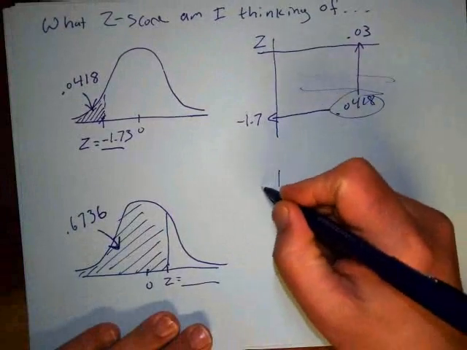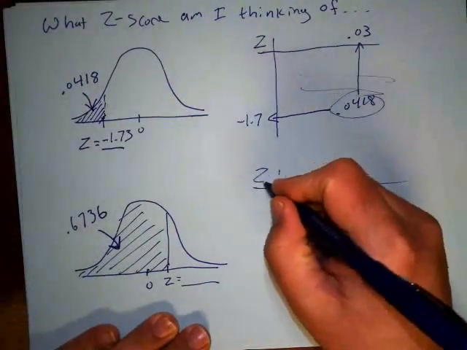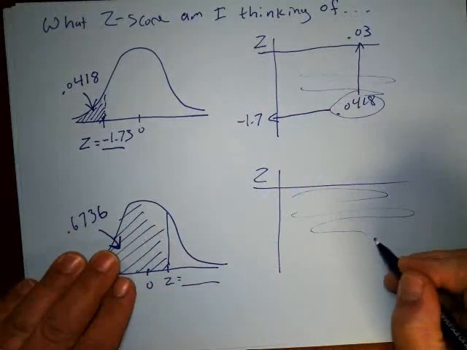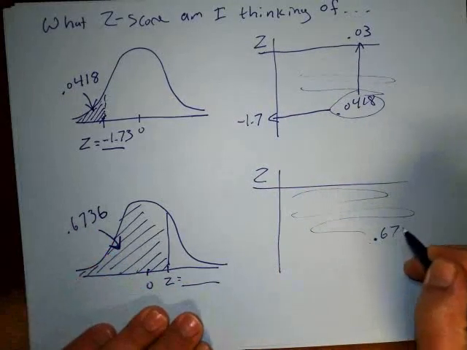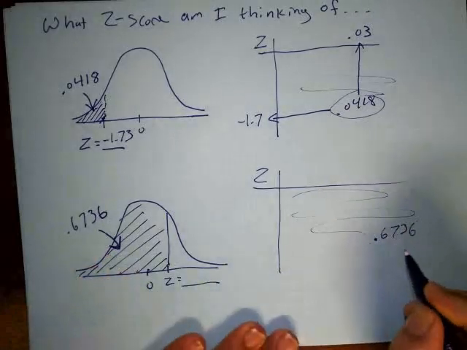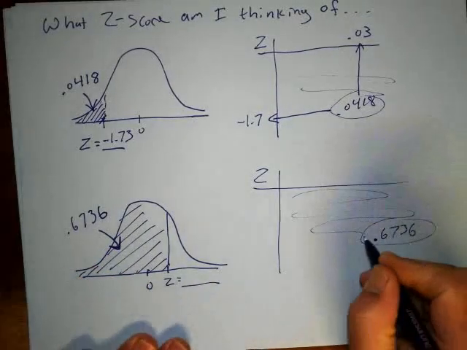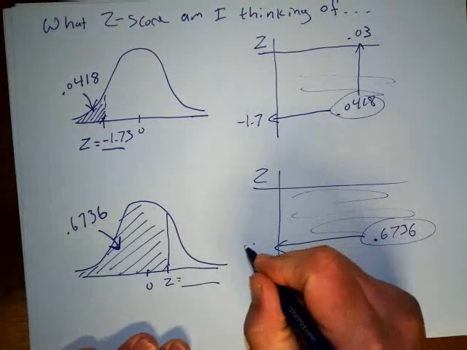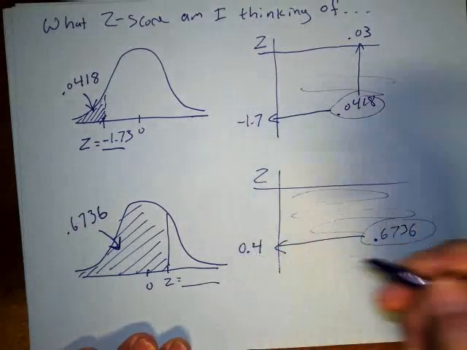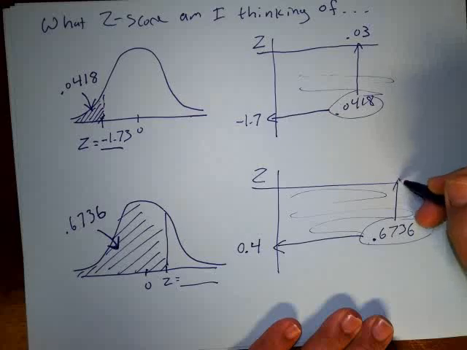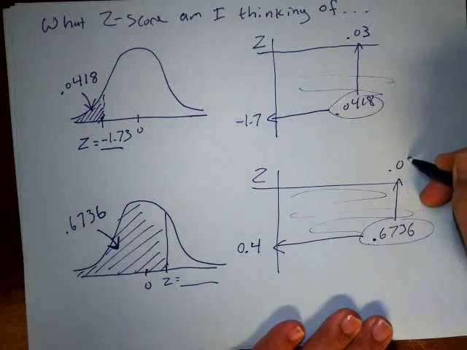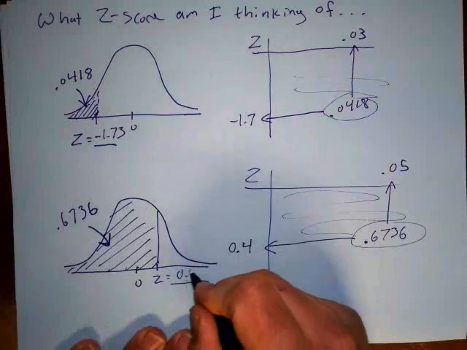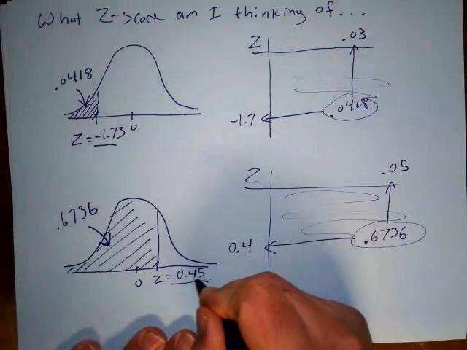So again, let me show you what happened here. I'm looking through here for this area, and I find 0.6736 on my table. Then I look over here and find 0.4, and I look up here and find 0.05, and then I put those together, and I get 0.45.